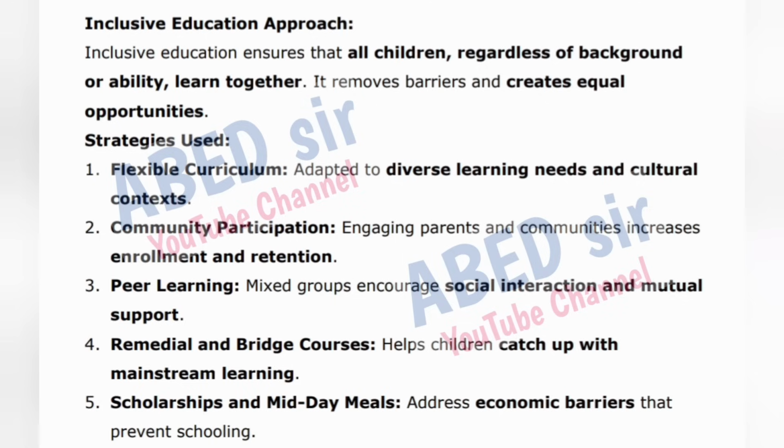Engaging parents and communities increases enrollment and retention. 3. Peer learning. Mixed groups encourage social interaction and mutual support. 4. Remedial and bridge courses. Helps children catch up with mainstream learning. 5. Scholarships and midday meals. Address economic barriers that prevent schooling.